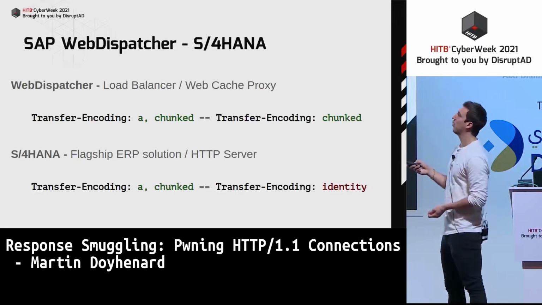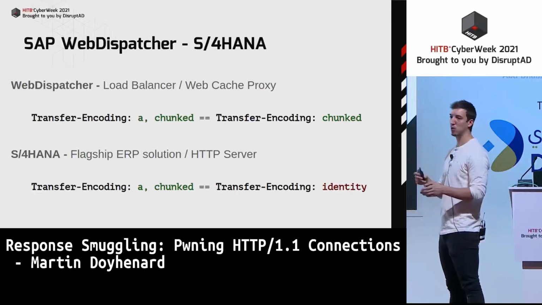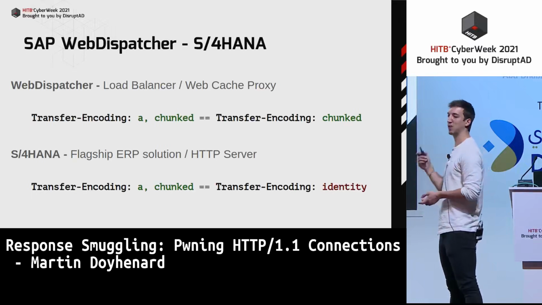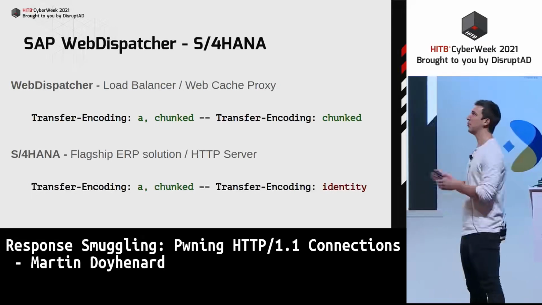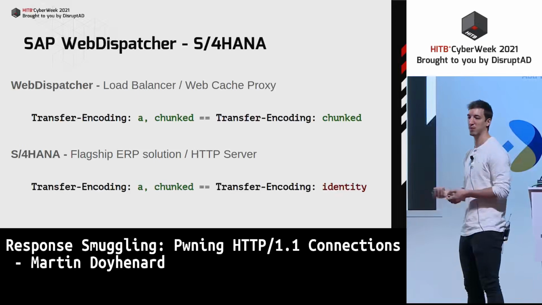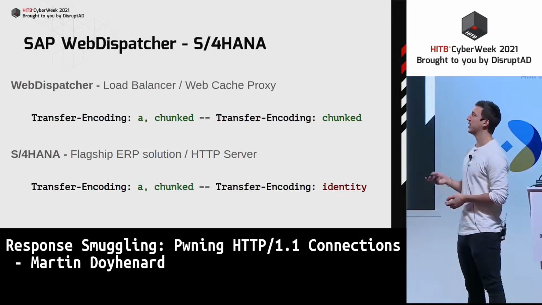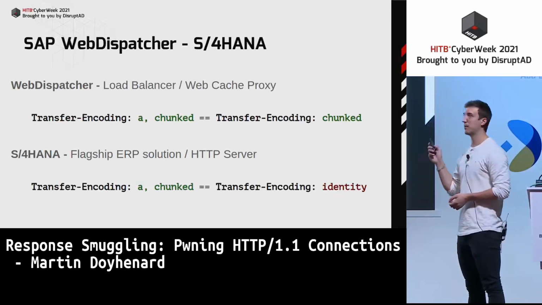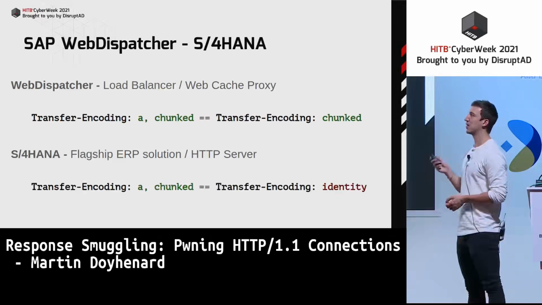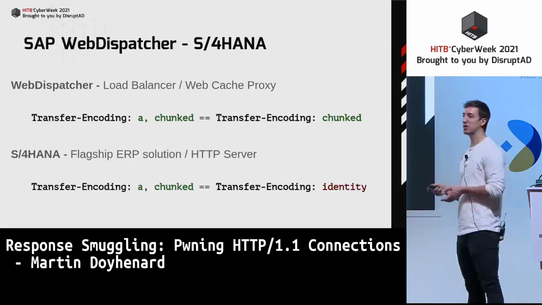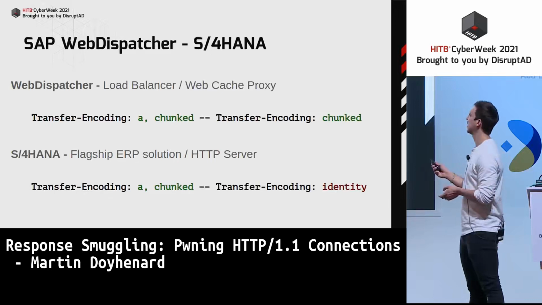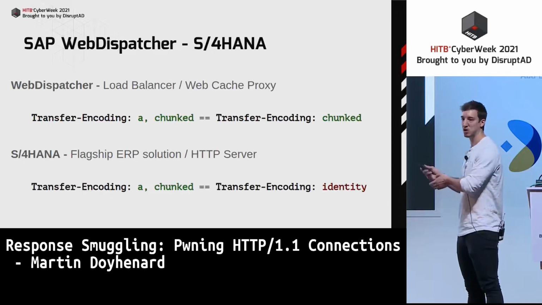SAP has two important components, one of which is the web dispatcher. The web dispatcher is a load balancer, and it can also be used as a web cache proxy. And the thing is, when I send a request to the web dispatcher containing a transfer encoding that is not just chunked, an invalid transfer encoding, the web dispatcher will convert this to a transfer encoding chunked message.